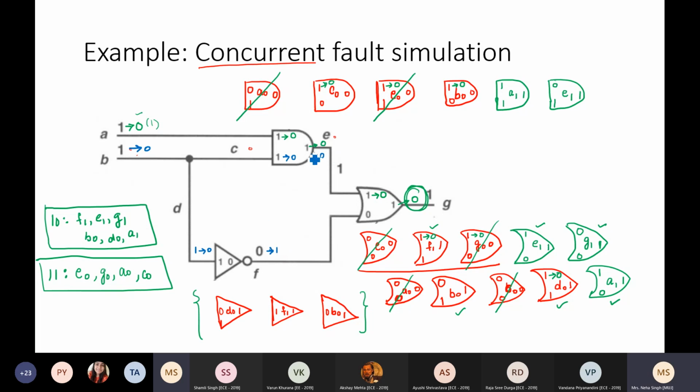Then all the lists will be updated: the list of the AND gate, the list of the NOT gate, and the list of the OR gate. All three lists will be updated.